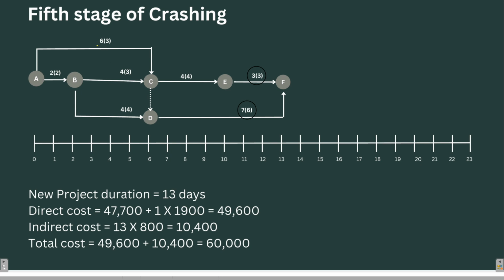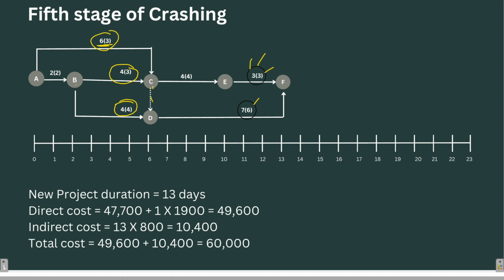Okay, so the crashing potential of this one will be lost. I'm sorry, my intention was not to encircle this one, rather this one. So the crashing potential of BD will be gone. BC will be crashed by 1 day and AC will be crashed by 1 day.